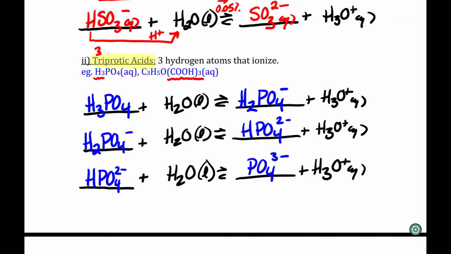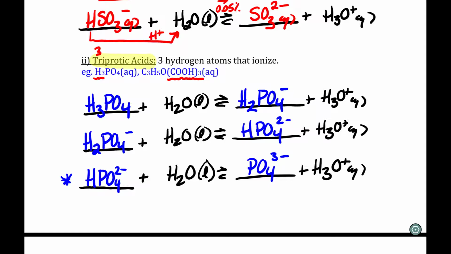Now H3PO4 is a fairly strong weak acid. This actually happens quite readily. Still, the percentage isn't that high, okay? But each step that happens after this ionization happens less and less and less. Essentially, this one almost doesn't even happen at all, but this is how it could be seen as a triprotic acid. It can react with water 3 times.